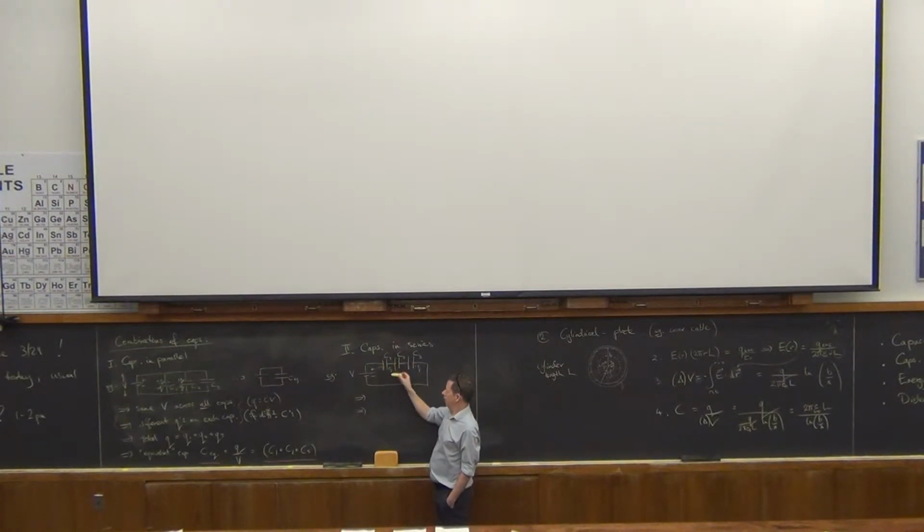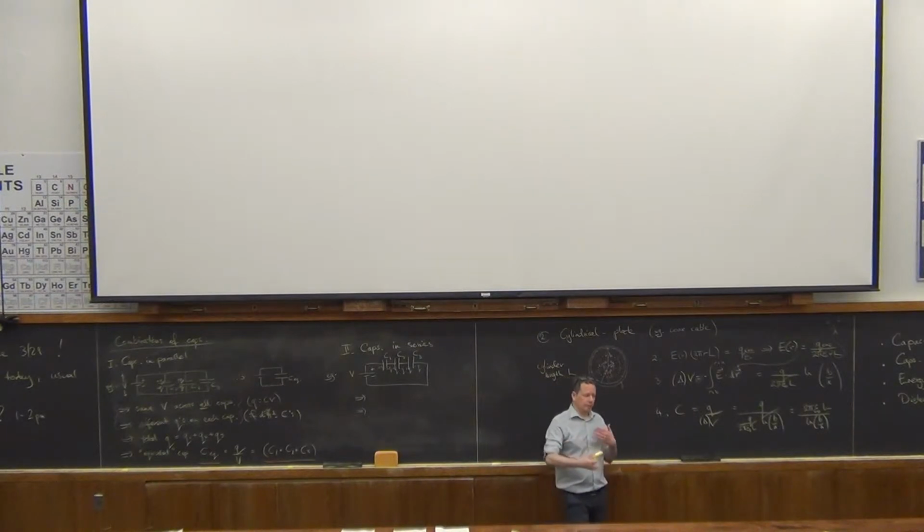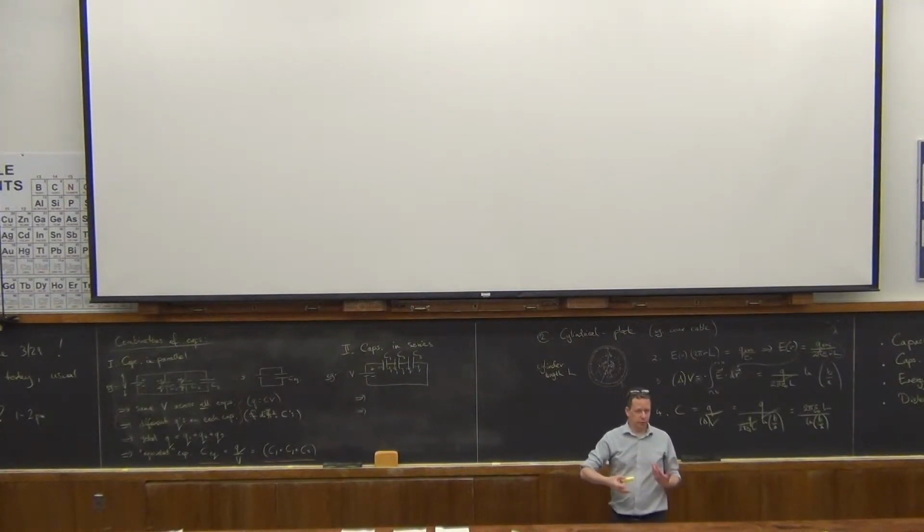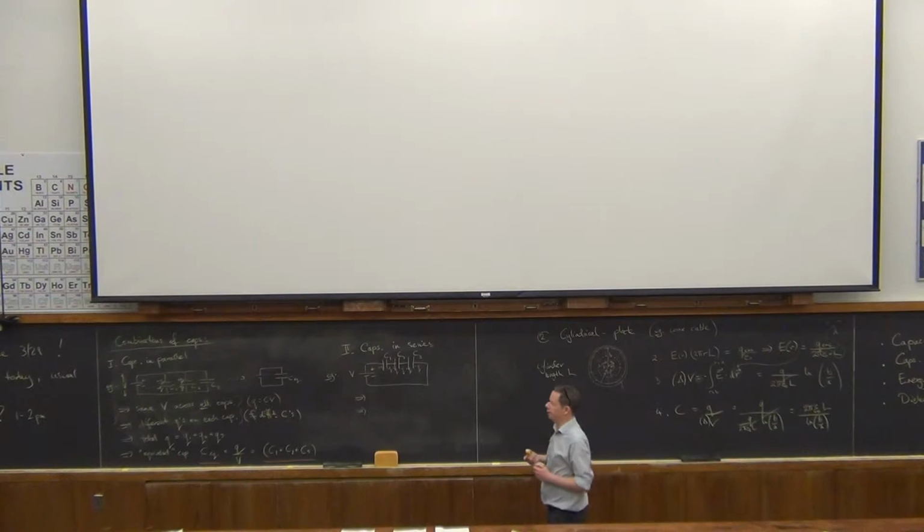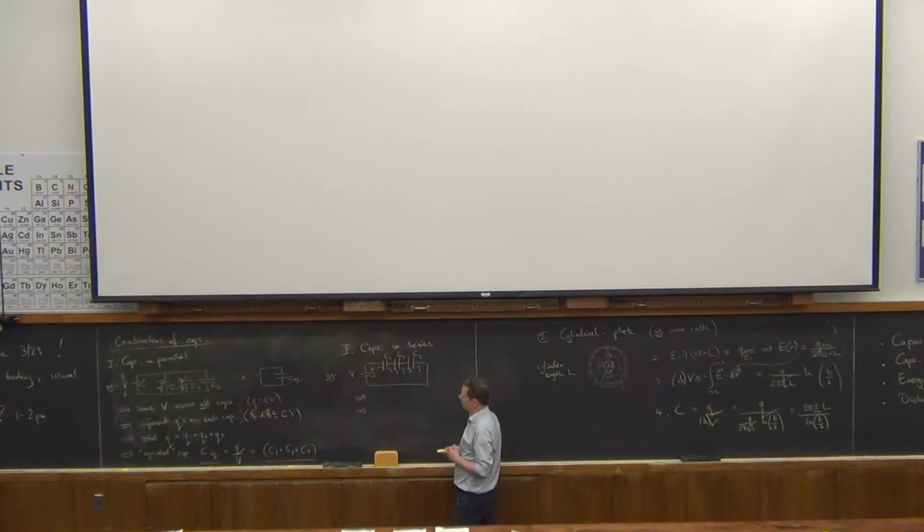Again, this whole thing is electrically neutral, so I'd better have plus Q here, minus Q, plus Q, and so forth. So it sets up this ladder of equal and opposite charge pairings as we go along the capacitors in series.